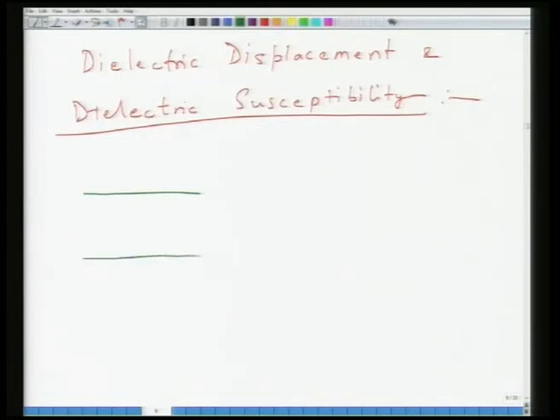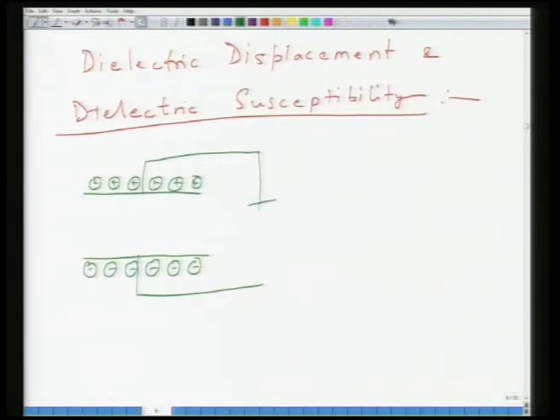You take a parallel plate capacitor which has charges like this, and this would happen only when you apply a field. Okay, so this is your vacuum capacitor.